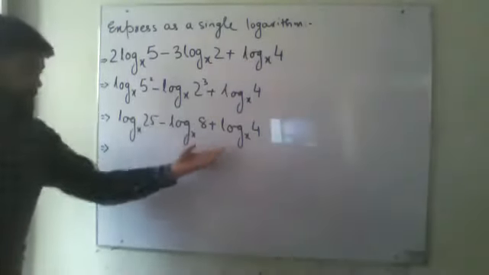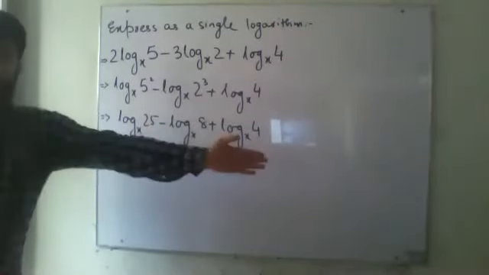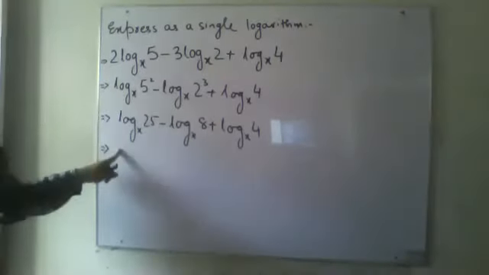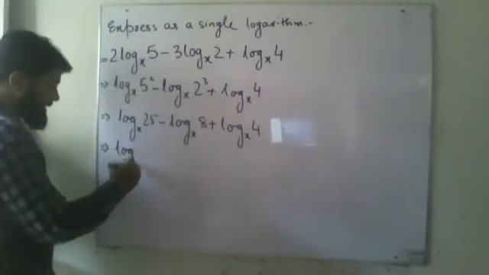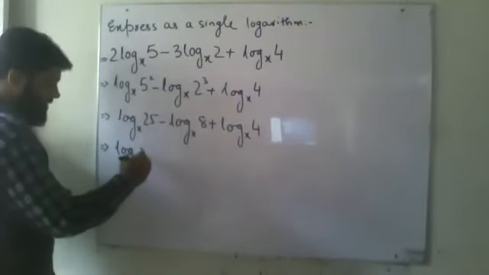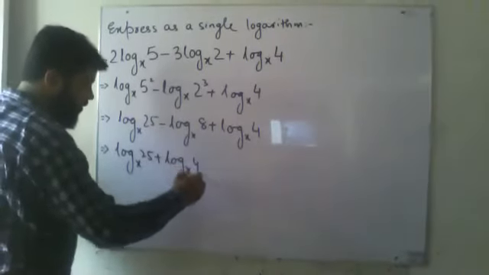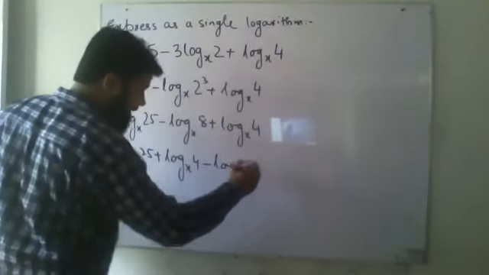I am bringing all the plus ones before, and the negative ones I will take at the end. It is just to safeguard my question. It is not necessary. Okay, so log base x 25 plus log base x 4 minus log base x 8.